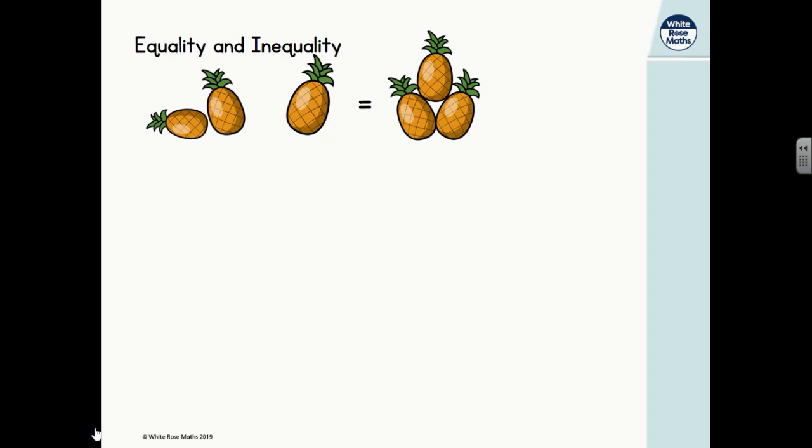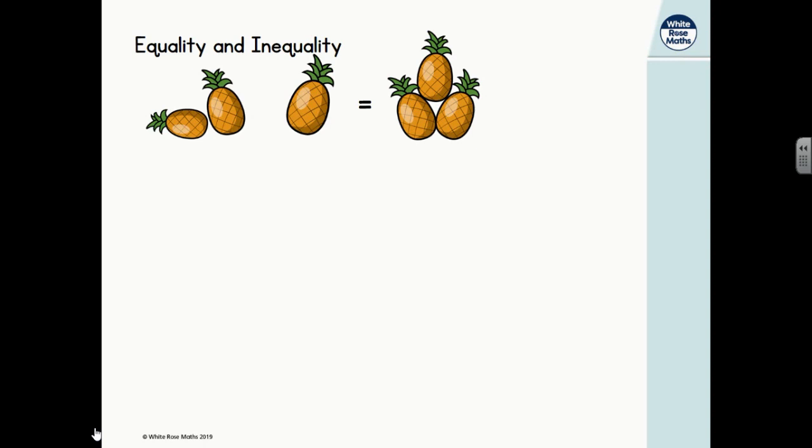Some people use the same as a synonym for equals. The values are the same, 3 pineapples and 3 pineapples. However, the pineapples are not the same. I think the one on the left-hand side is a bit smaller than the others. So the pineapples are not the same, they're different pineapples.